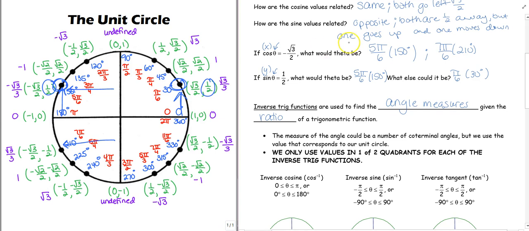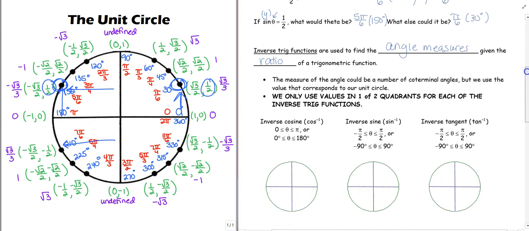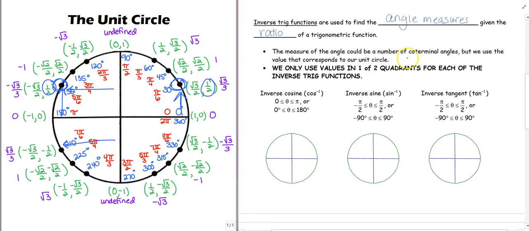Now, in both of those, we found out that there's always going to be 2 possible angles because there's 2 angles that are going to move left or right the same distance, 2 angles going up or down the same distance. But we've got to be careful. The measure of the angle could be a coterminal angle, but we use the value that corresponds to our unit circle.